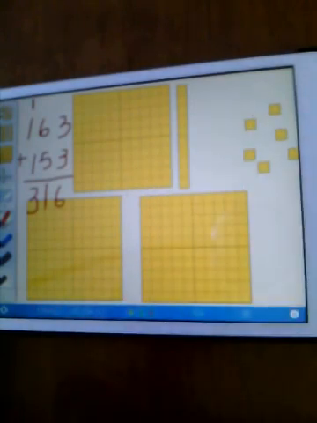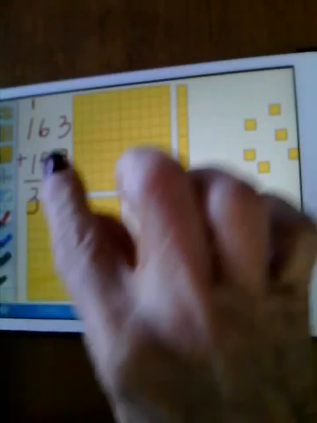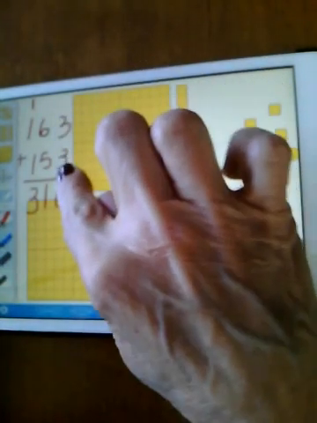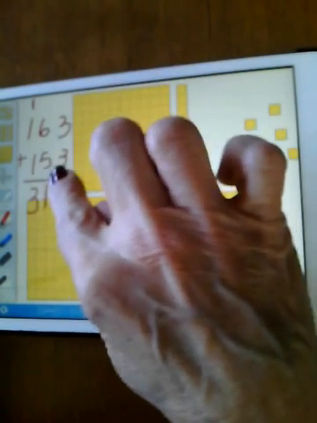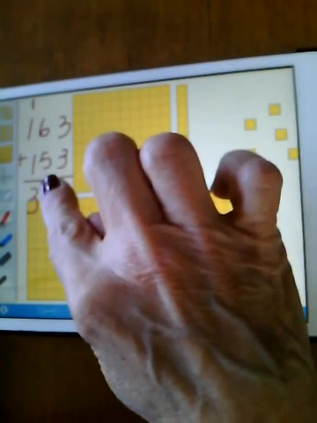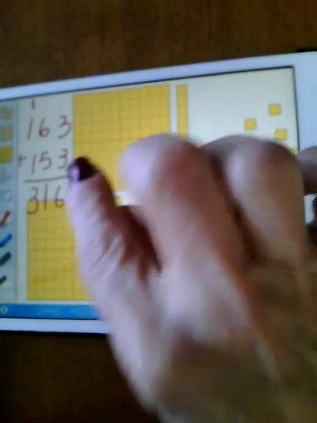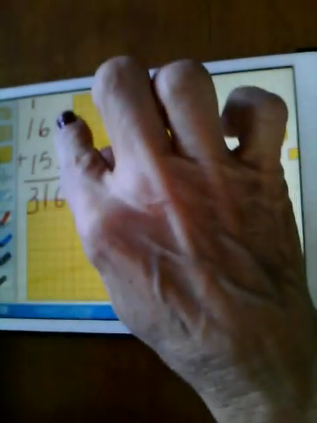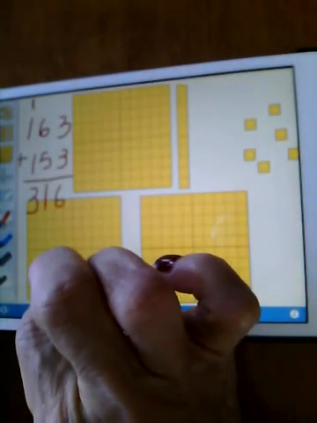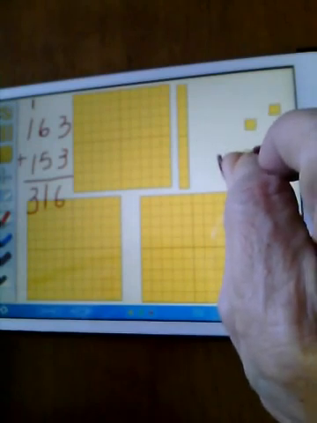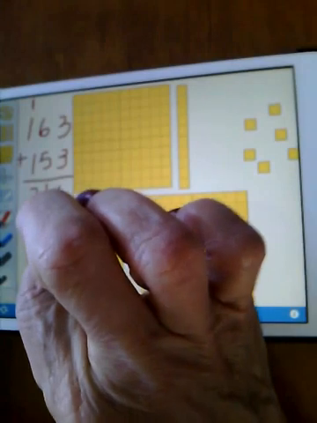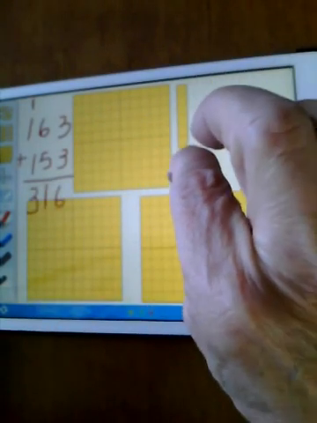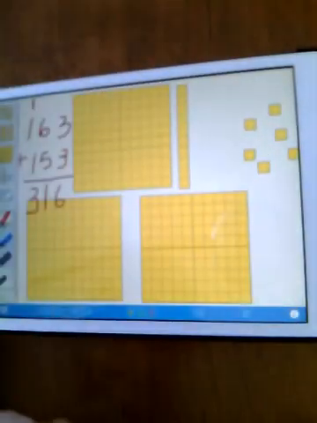316. Okay, so the trick is to remember that no matter if you are in the ones place or the tens place, and the sum when you add those numbers is 10 or more, you have to trade. In the ones place, you're trading 10 ones for a 10 stick. In the tens place, you're trading 10 sticks for a 100.